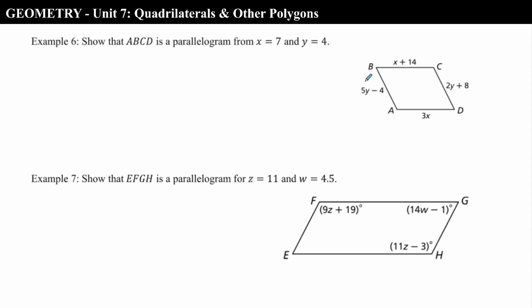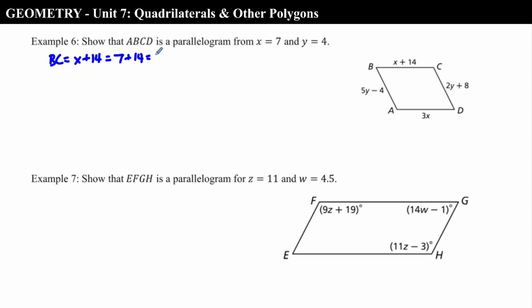So in this case, you're basically given what the variables are. We just need to show that it's a parallelogram. Well, we know that if the opposite sides are congruent, then we have a parallelogram. So we are going to take BC, which is x plus 14, and we're going to substitute in our 7.